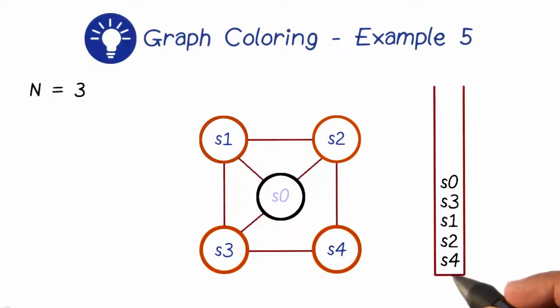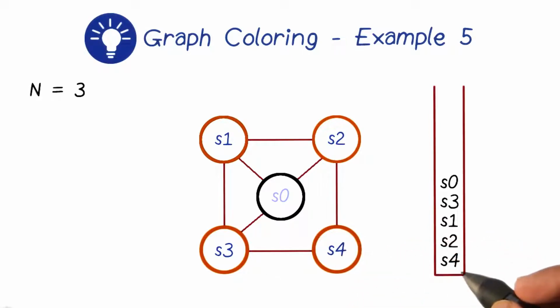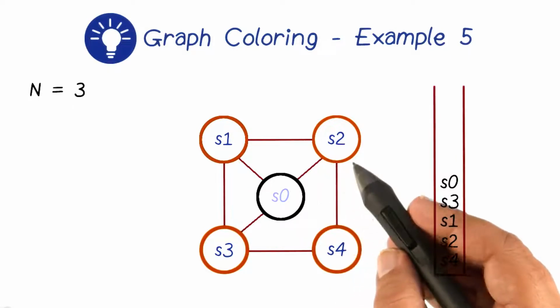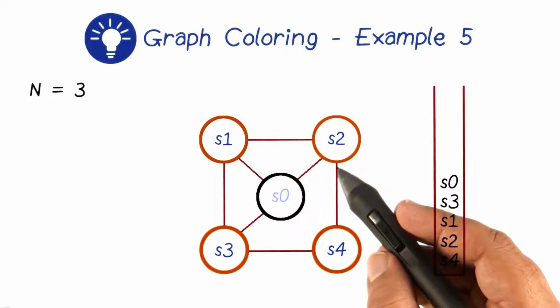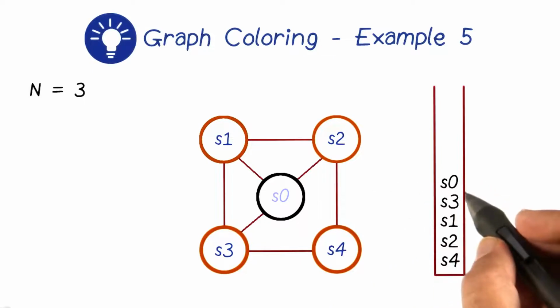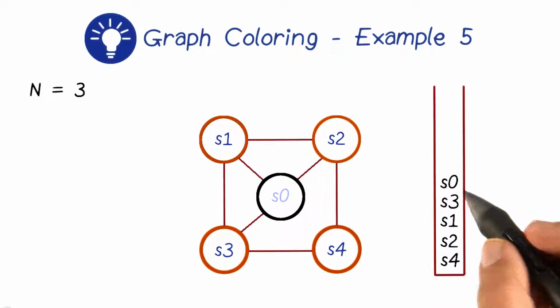So you can see that the stack was started with those whose original degrees were less than 3, such as the node S4. And then after removing those nodes, those whose degrees became less than 3 were taken out and pushed, and the process was repeated, and finally the node S0 was pushed on the stack.